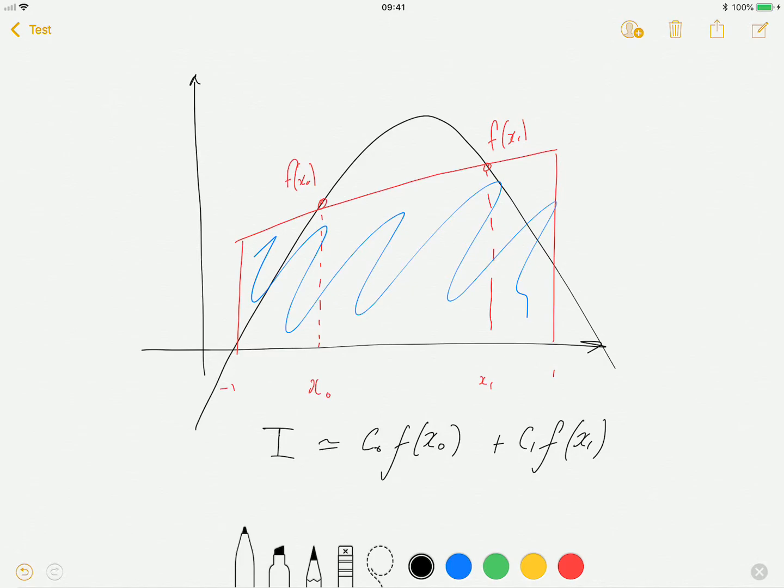Now we have four unknowns, c0, c1, x0, and x1, and we must develop four equations to resolve them. So we're going to use the following assumptions.